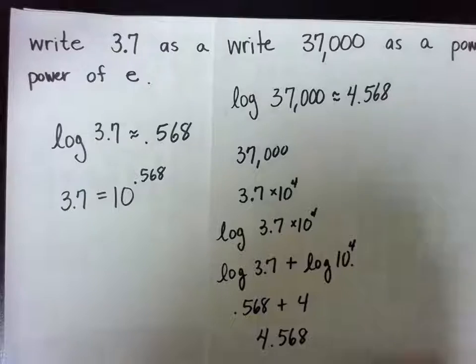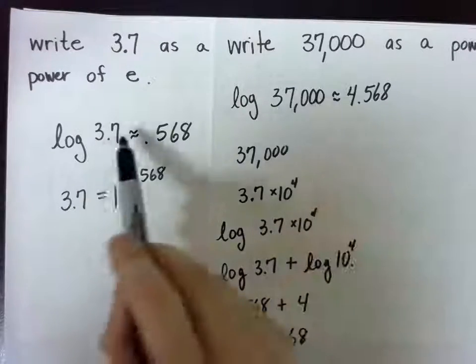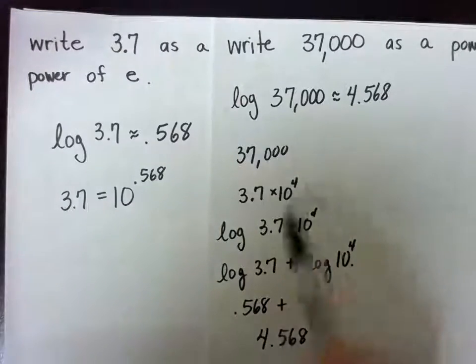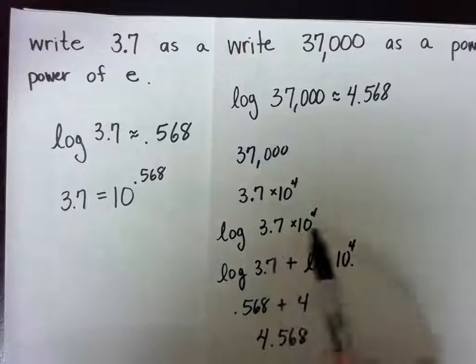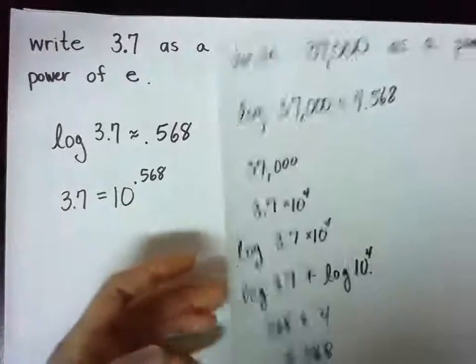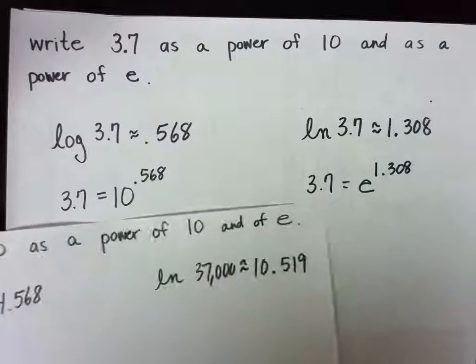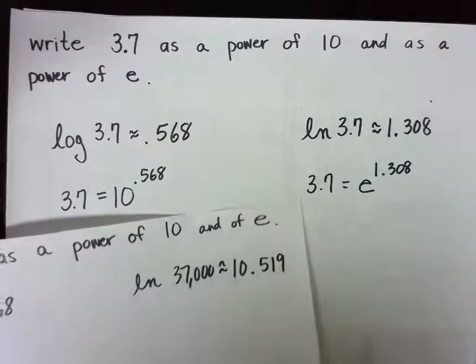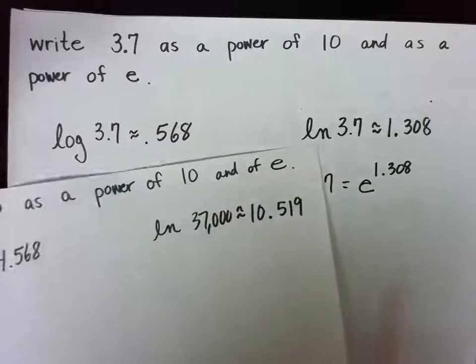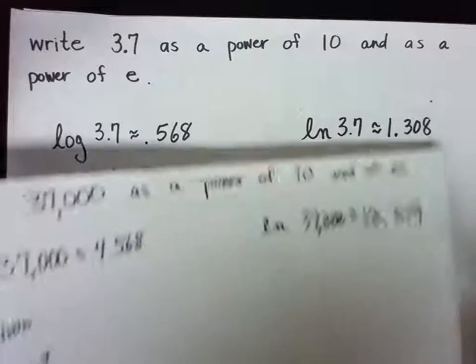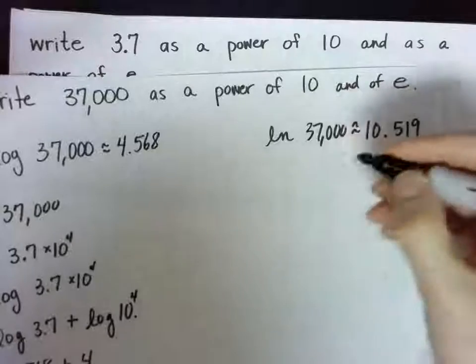So there may be times when they tell you if log 3.7 is some value, without using a calculator, find out what the log of some related number is. And you should be able to do that using your log rules with logs of products. Okay, so this one, let's go ahead and just do this one as well.